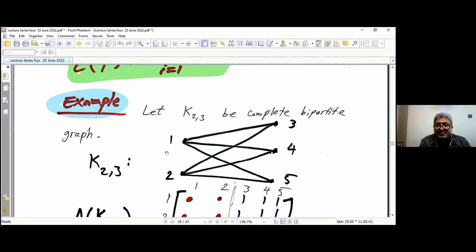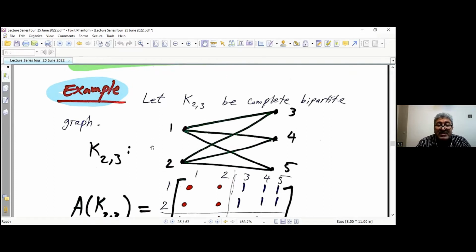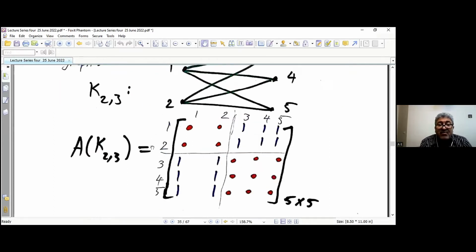And we have an edge from any vertex in the first set to any vertex in the second set. So we will have 6 edges here. The adjacency matrix of the complete graph K_{2,3} is the following.